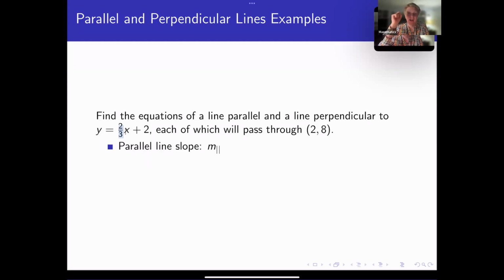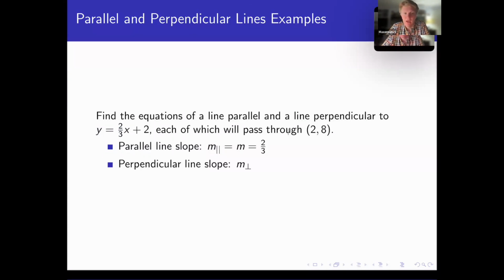Now, the line parallel to a slope of 2/3 is also 2/3. So m is 2/3 in our question. Any parallel line will also have 2/3 slope. Perpendicular slope is going to be -1 over m, or in other words, take your slope, flip it, and make it negative. So instead of 2/3, flip it to 3/2 and make it negative.